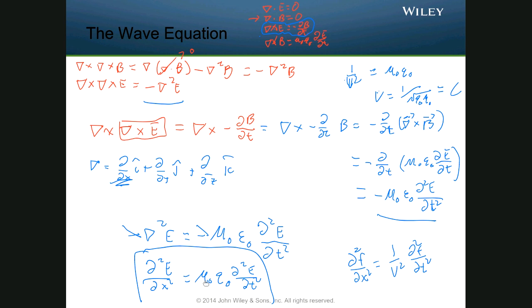So the first step, we'll even do it in a different color. The first step on one side is to look at these triple curls, or these curls of curls. So you'll notice we do it for E and B, right?